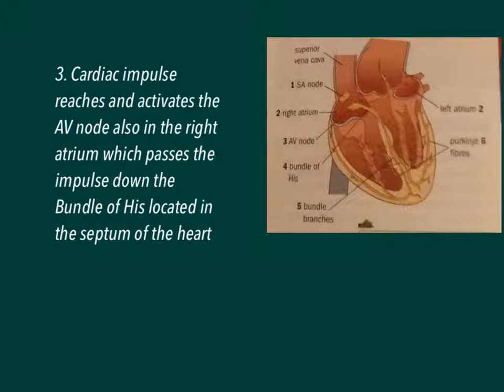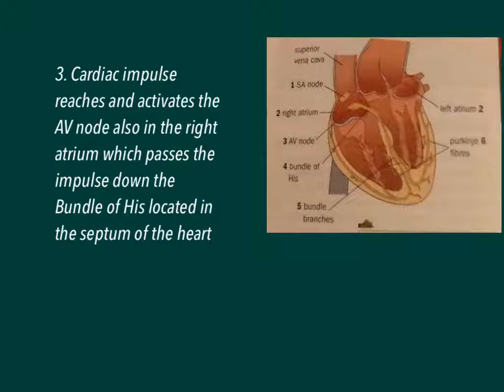After the cardiac impulse caused from the SA node has made both atria contract, the impulse will then reach and activate a new node, which you need to know, which is called the atrioventricular node, or AV node for short, which is also located in the right atrium.